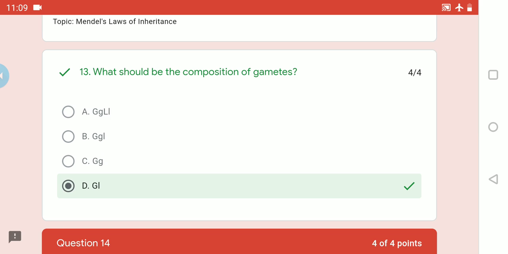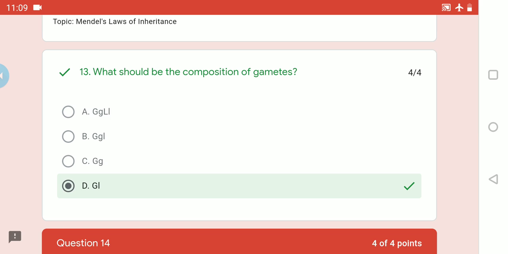For example, they have not told it in any particular terminology; here they have given capital G, small g, capital L, small l. But what would be the composition of the gametes? Gametes generally contain half the number of chromosomes, isn't it?